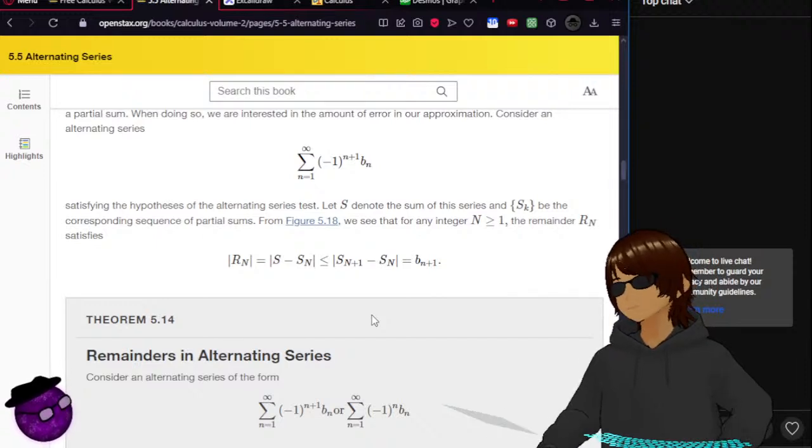Why would the remainder of the sum be less than or equal to b(n+1)?